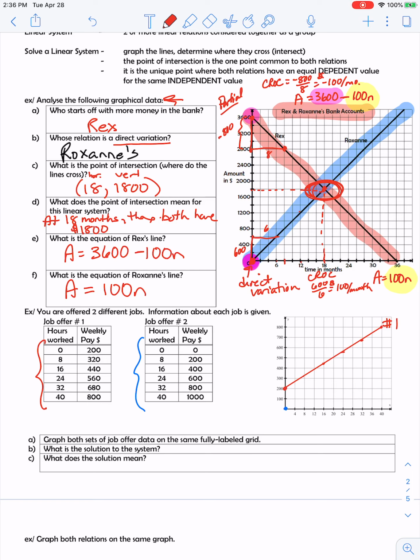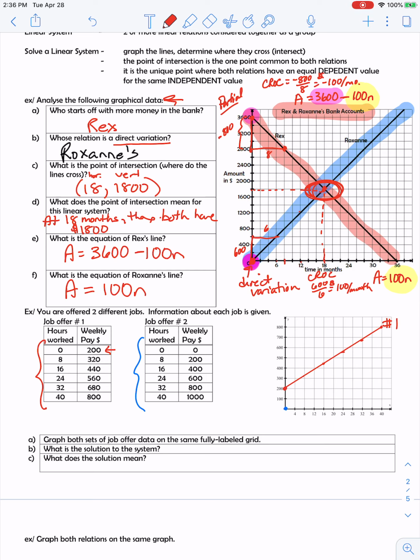It starts at $200. So basically, job offer 1 says, hey, we'll give you $200 and you don't have to work. That's just your starting salary. It doesn't matter how many hours you work, you're going to get that $200. And then we're going to pay you a certain amount per hour after that.